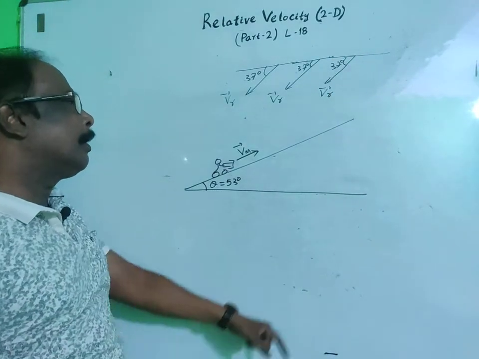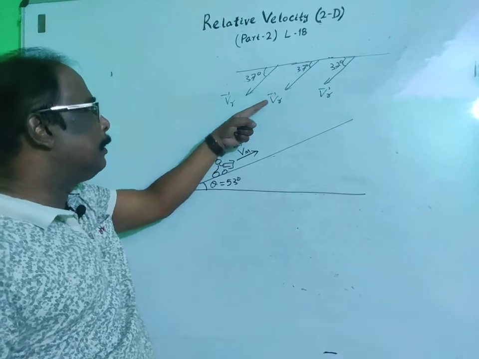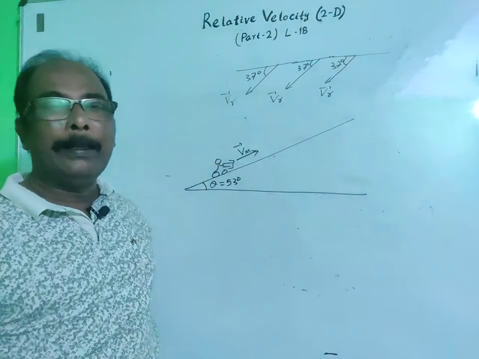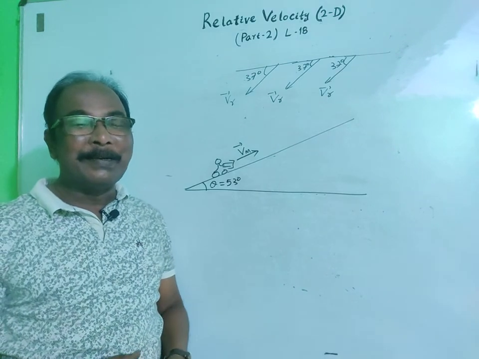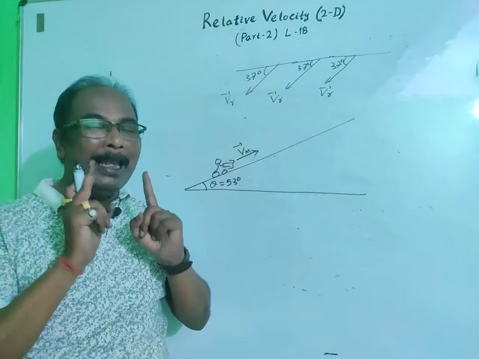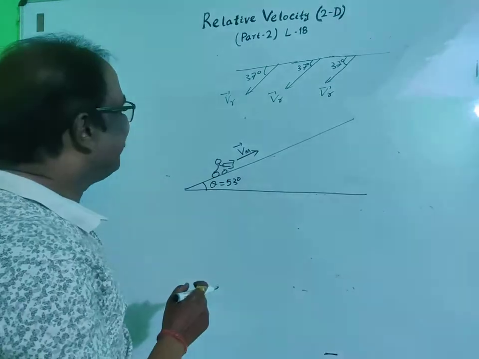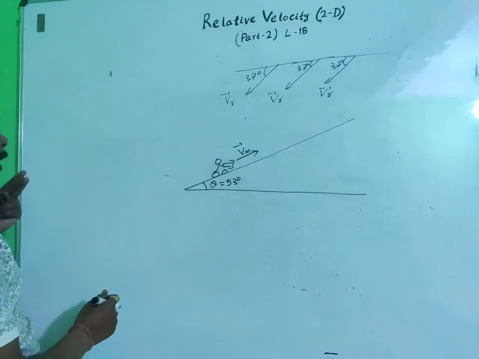Rain is falling at an angle 37 degree with horizontal. Then in this case, we have to find relative velocity of rain with respect to man.